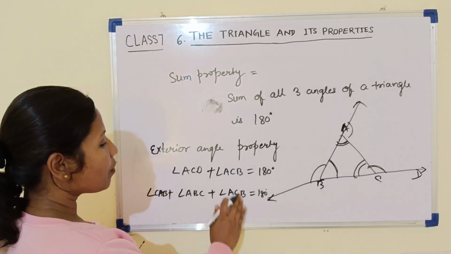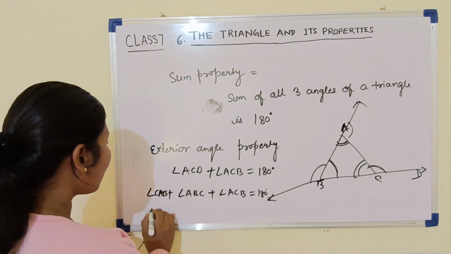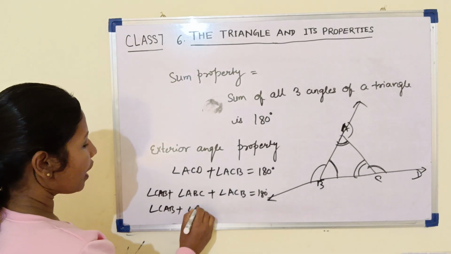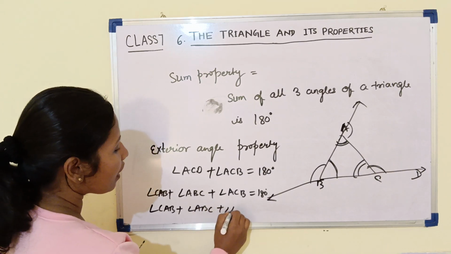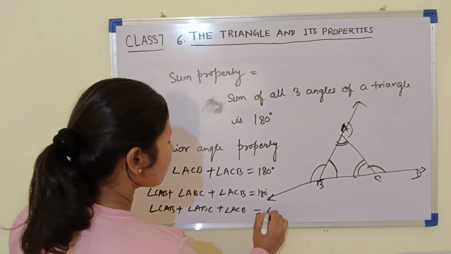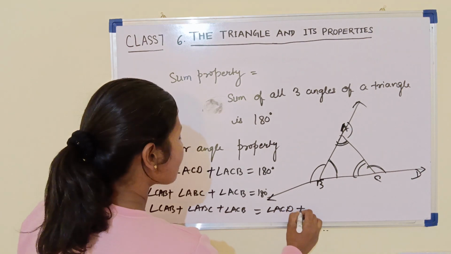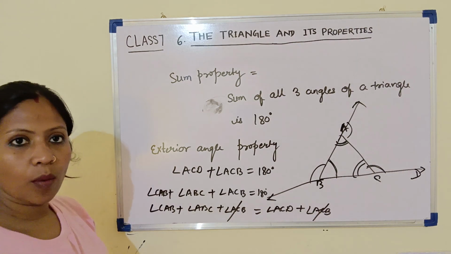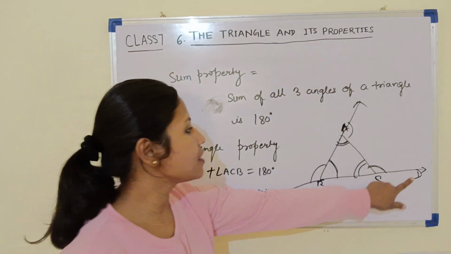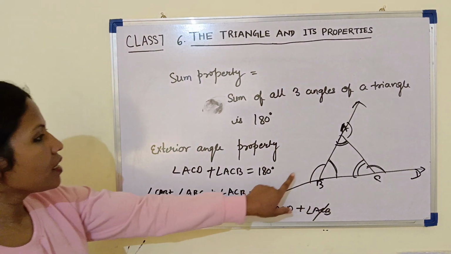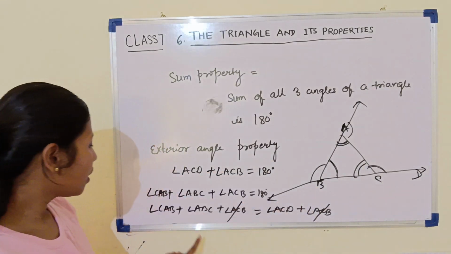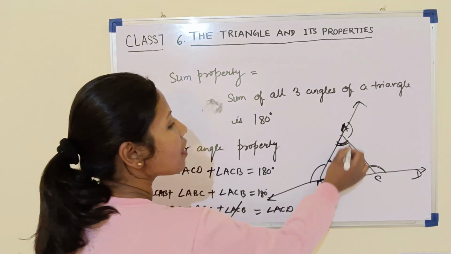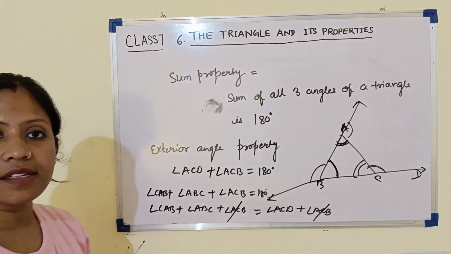So can we equate these, because दोनों 180 degree है. So angle CAB plus angle ABC plus angle ACB is equal to angle ACD plus angle ACB. So we have ACB on both sides. So this angle ACD is the sum of angle CAB plus angle ABC. ये दो एंगल का क्या है? सम है. क्या? ये एंगल, exterior angle.